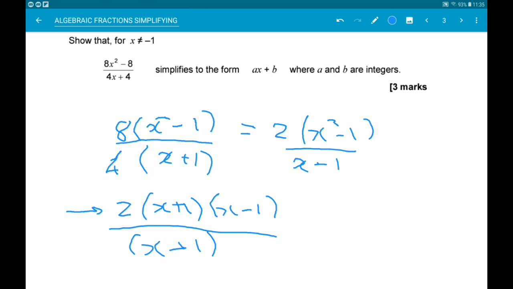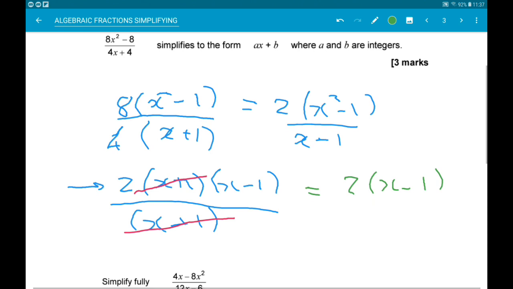So now between the top and the bottom there is a common factor of x add 1. So they cancel each other out and we get left with 2 times x minus 1, and now that expands to 2x minus 2, and that's it.